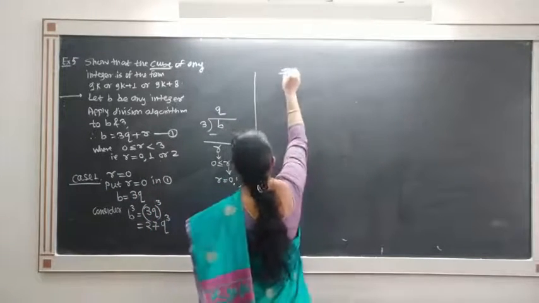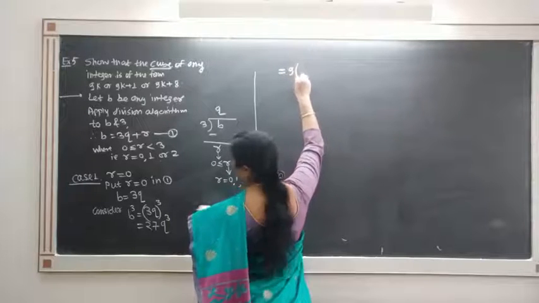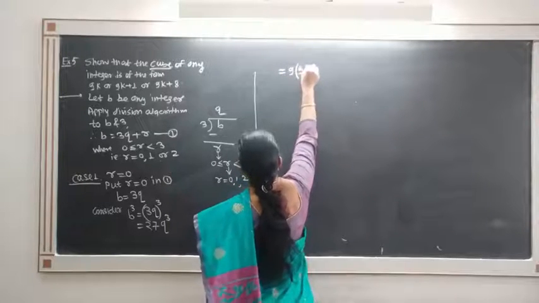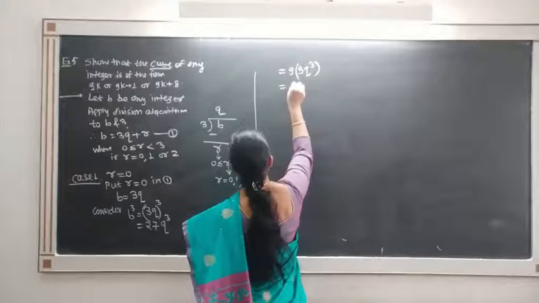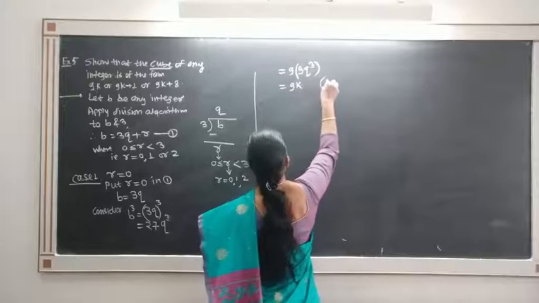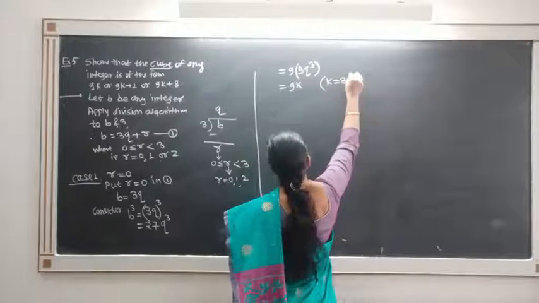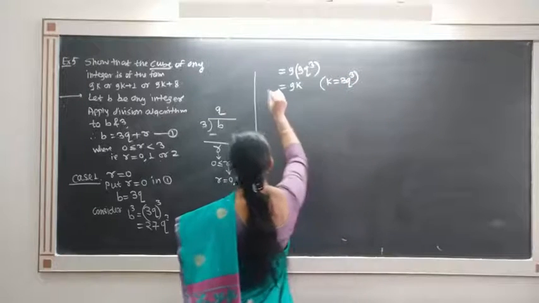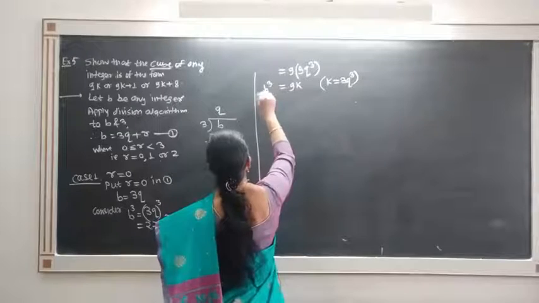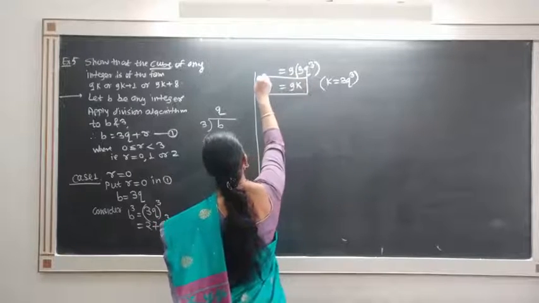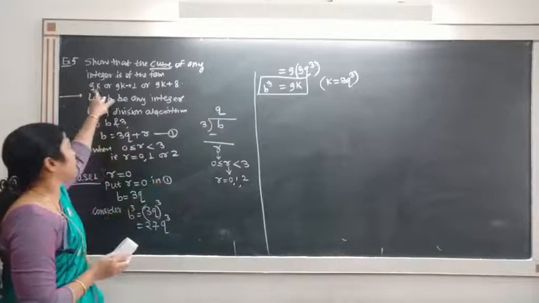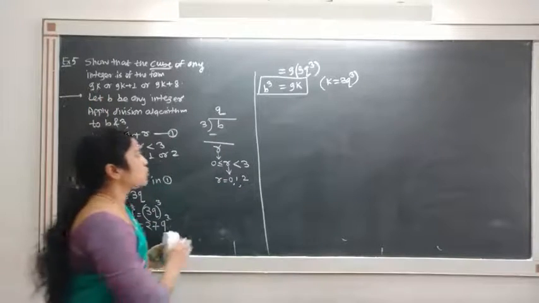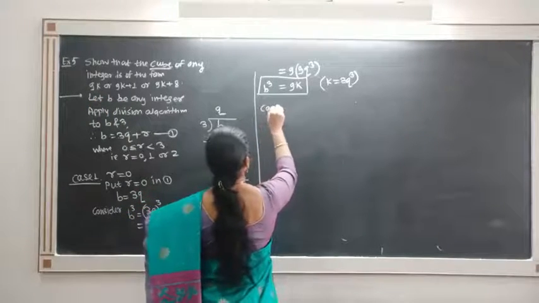We will consider this as 9 into bracket 3q cube, and this is nothing but 9k, where k, which is 3q cube, is again an integer. So observe that in the first case we get b cube is of the form 9k when r is equal to 0.